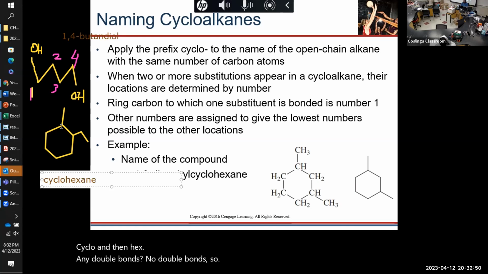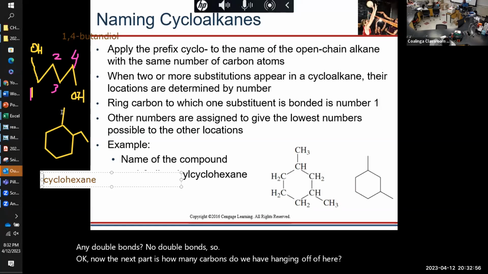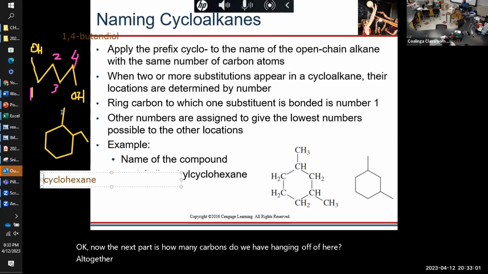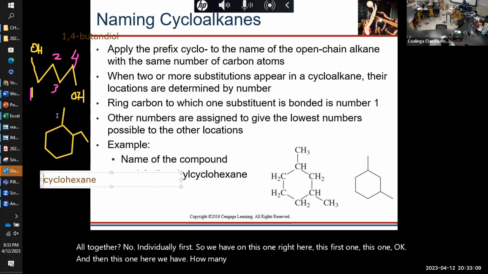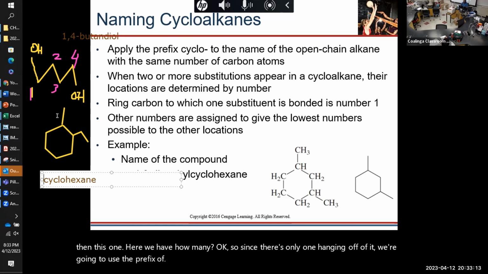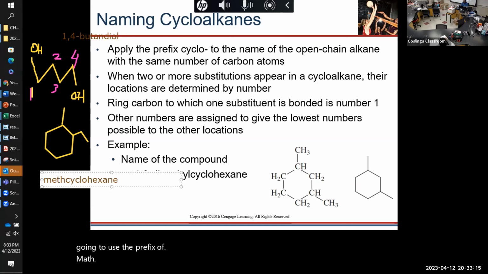Okay, now the next part is, how many carbons do we have hanging off of it? Individually first. On this one right here, this is the first one, it's 1, okay? And then this one here, we have how many? Okay, since there's only 1 hanging off of it, we're going to use the prefix meth. Okay, and then we need to say its location.